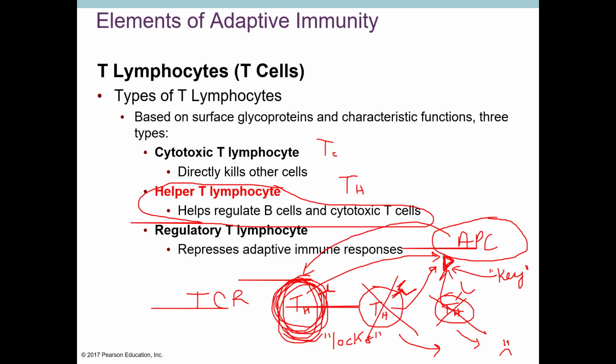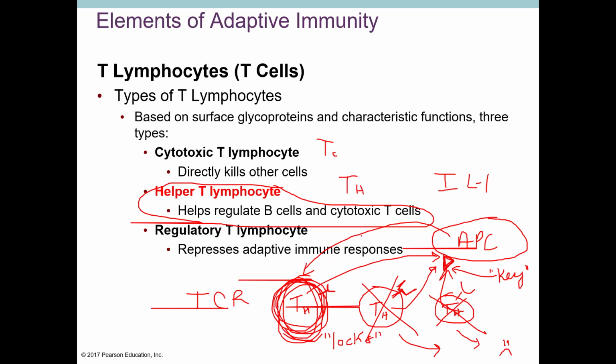But there's only really like one of each. Well, I don't know if it's exactly one, but there's very small numbers of each of them, but the one that reacts to that particular pathogen will be stimulated. The stimulation is a chemical called interleukin-1, IL-1.